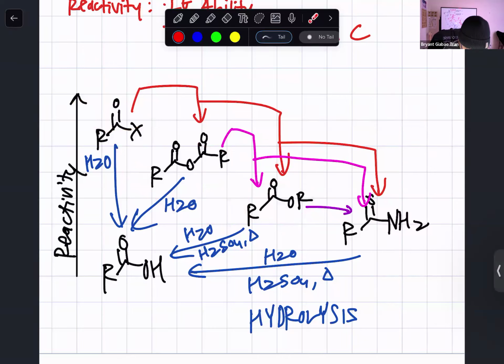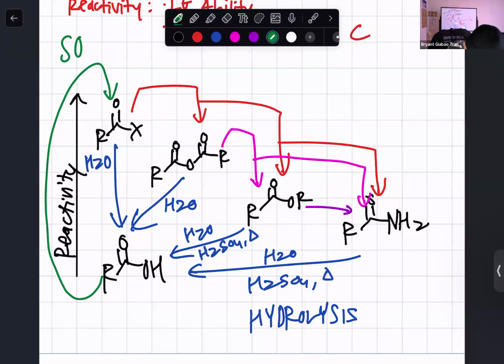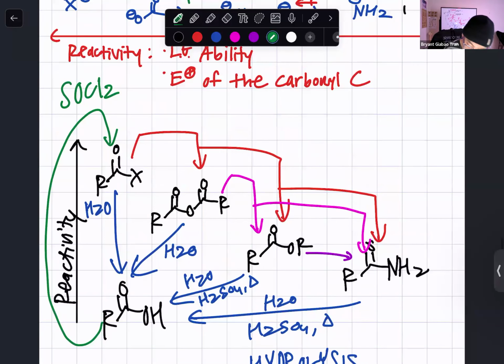But another thing is that to convert this carboxylic acid to the acyl halide, we could use two reagents. We could use SOCl2 if you want the acyl chloride, or you could use PBr3 if you want the acyl bromide.